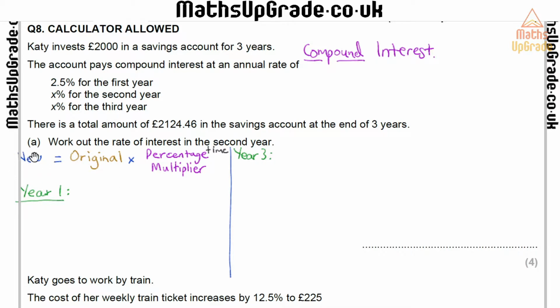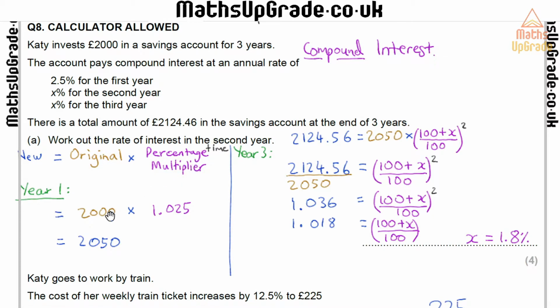The new amount in the account is equal to the original amount times by the multiplier to the power of the time period. The time period here is 3 years. So in year 1 it's just 2,000 times 1.025, which is 2.5% as a multiplier, which is £2,050. So in year 1 is 2,050.